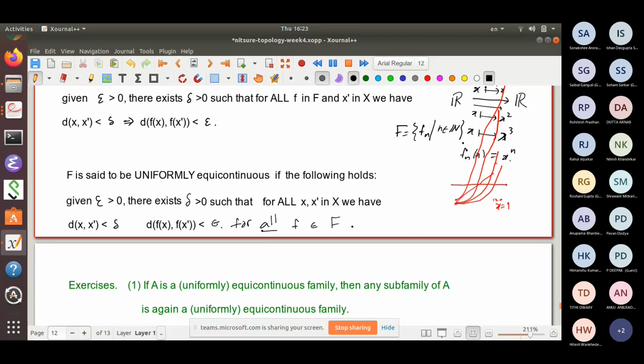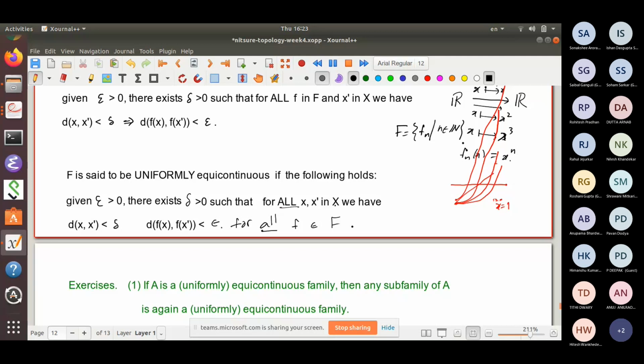So given epsilon, I get my delta. That delta doesn't depend on where I am in X. It also doesn't depend on which function. That same delta works for all functions, and same delta works for all functions is equicontinuous. And same delta works for all x and x prime. Double all. One all here, one all here.